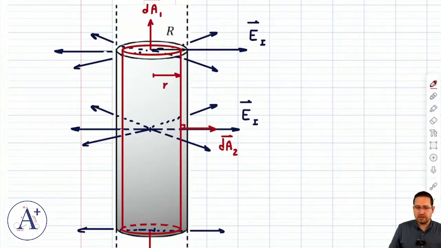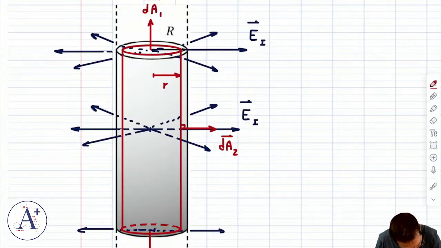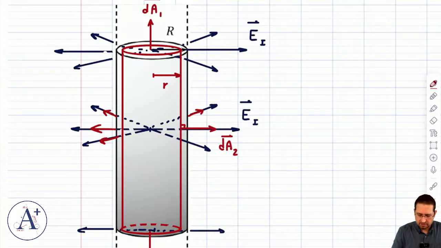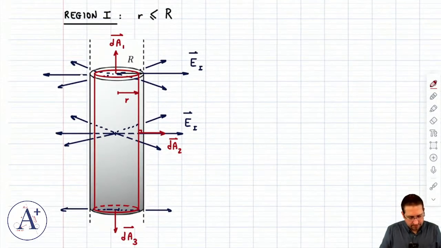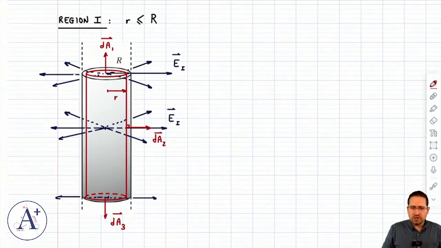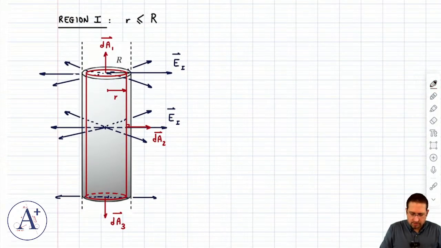And so it's going to look like this. And by the way, everywhere I look, as I go around, dA2 will always be along a field line, right? Because the field lines are going to be radially outward in the horizontal plane. So it's a little bit more work to set up a cylinder if you're applying Gauss's law and to compute the flux through it, but it's always the same process. So once you get used to it, it's not that bad.